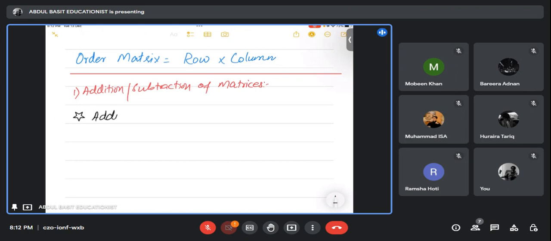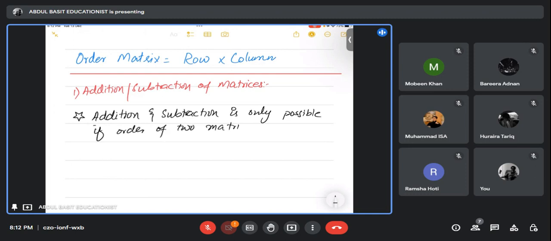Addition and subtraction is only possible if the order of the two matrices is the same.